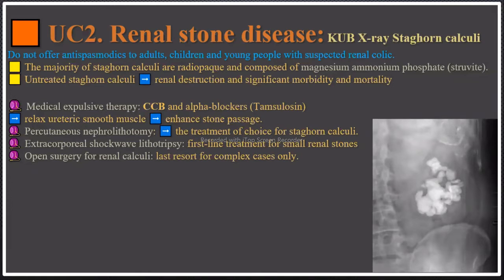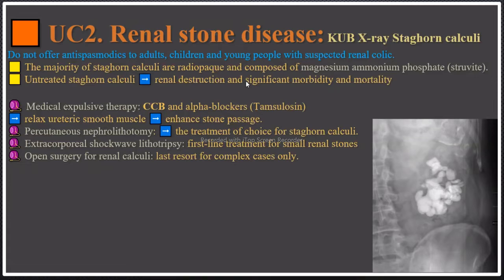The most important thing in renal stone is analgesia. The majority of staghorn calculi are radio-opaque, as you see, white, composed of magnesium ammonium phosphate, struvite. Remember that. Untreated, it will cause renal destruction and significant morbidity and mortality.